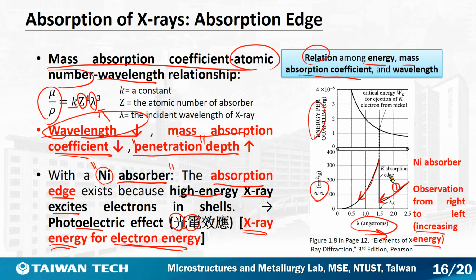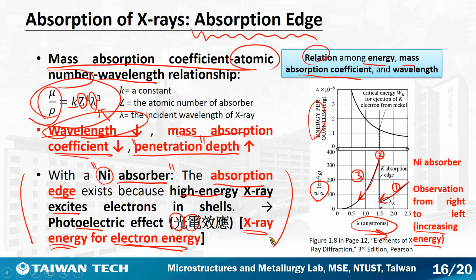So this is the first step, this is the second step, and this is the third step. The first and the third steps refer to these equations. So let's talk about the second step. This is what we call the absorption edge, and the mechanism is shown here. But let's talk about it in more detail in the next slide.